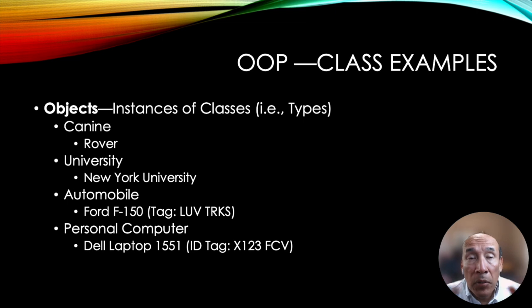That's an instance of personal computer. So do we actually do these things in the real world? Do I have a canine class? Have I ever coded up a personal computer class? Not likely, but I think these are good examples of classes or types or structures, and examples or instances of these classes and structures.